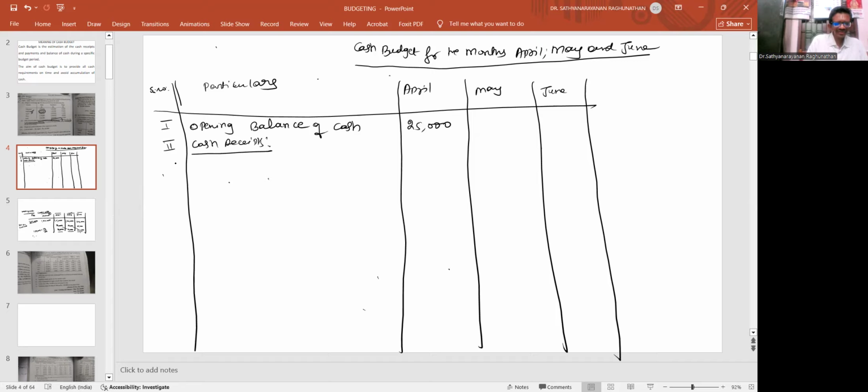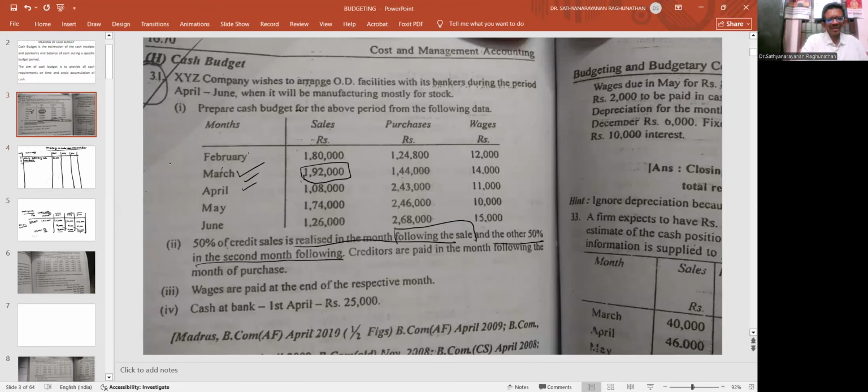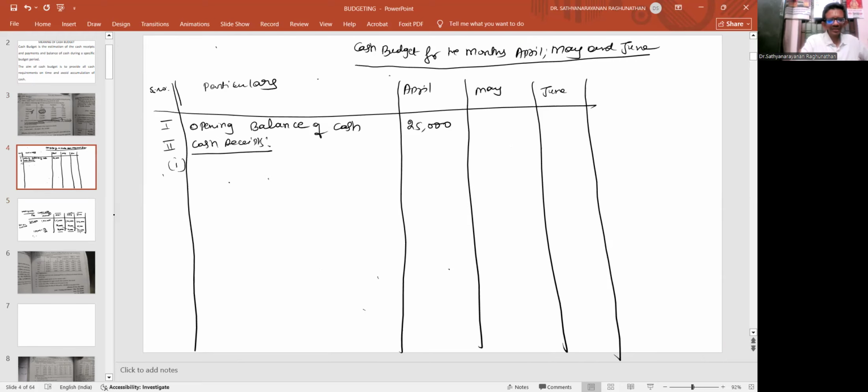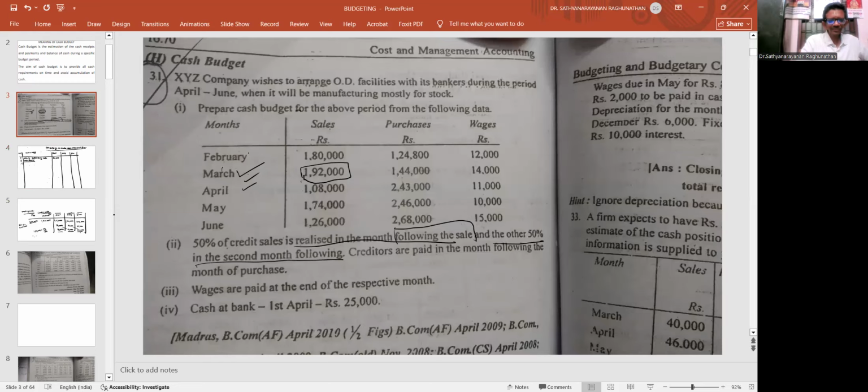Cash receipts. Now, under that, you see the question. 50% of the credit sale is realized in the month following the sale, and the other 50% in the second month following. Now, all of you please make a note. See here, sales.